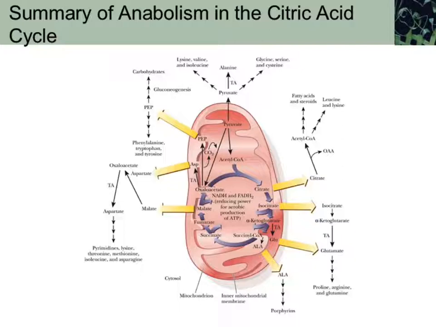Remember when we talked about oxaloacetate and I said, what did oxaloacetate look like? Almost immediately, what does it turn into? Aspartate through this weird thing called TA, transamination. Okay. So we're just looking at how those things can come out, what they end up doing in that process. Kind of makes sense?